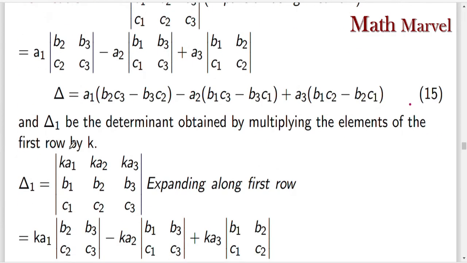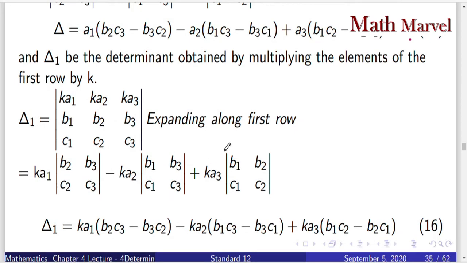Now let delta 1 be the determinant obtained by multiplying the elements of the first row by k. Here we have to check the value of this new determinant delta 1 after multiplying a row by some constant k. Again do the expansion using the first row. Here k a1, hide column and row, so we have b2 b3 c2 c3, minus the second element k a2 times b1 b3 c1 c3, plus k a3 times b1 b2 c1 c2.